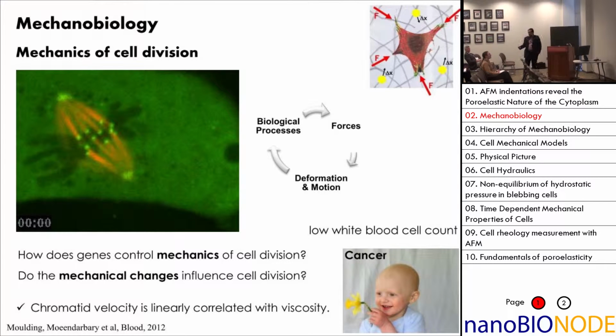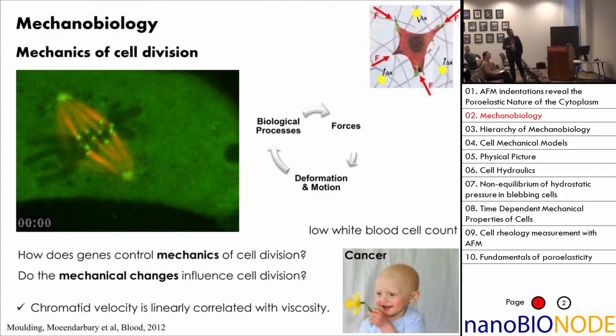This low white blood cell count is because of a lack of or delays in cell divisions, and they develop cancer. We found that this delay in division is because of changes in intracellular properties.